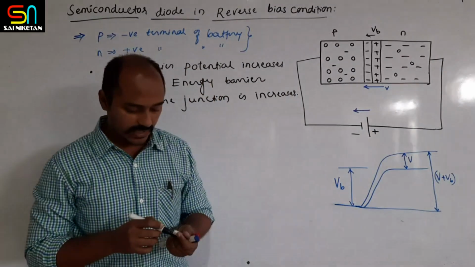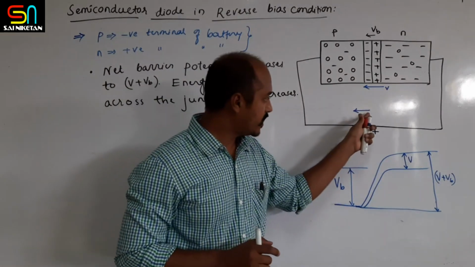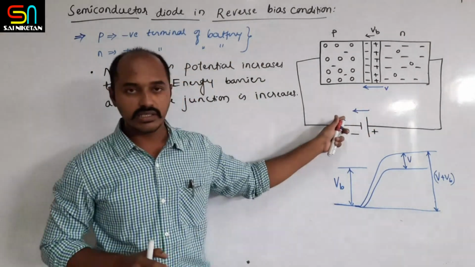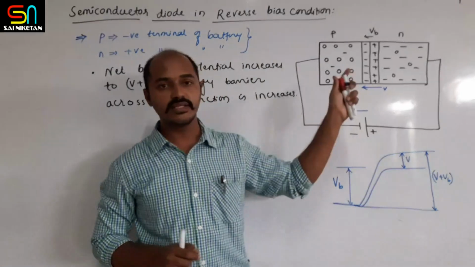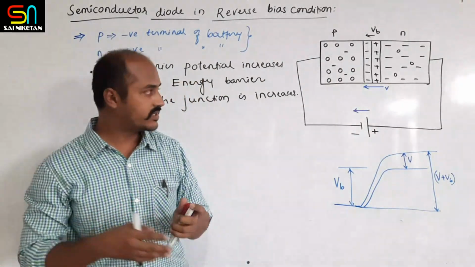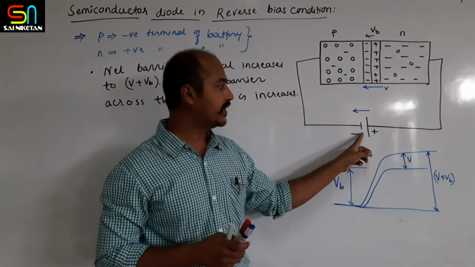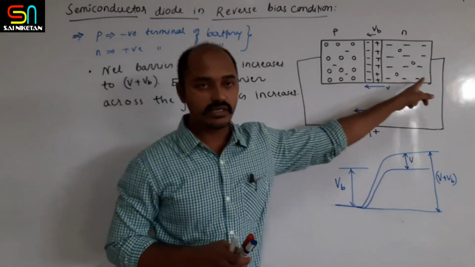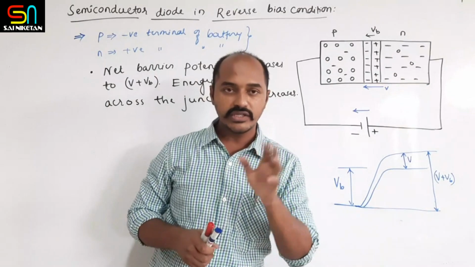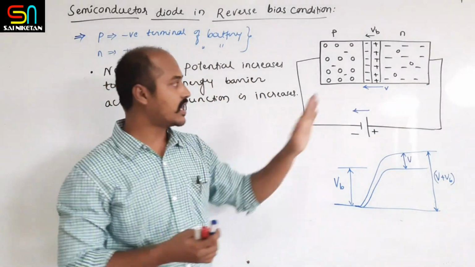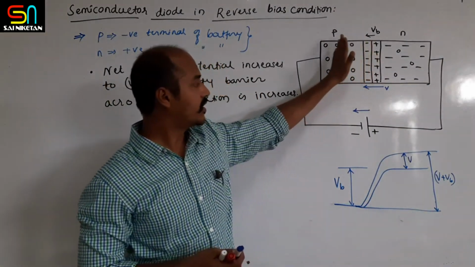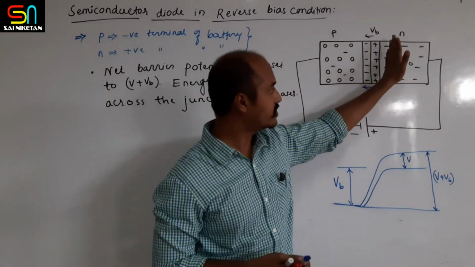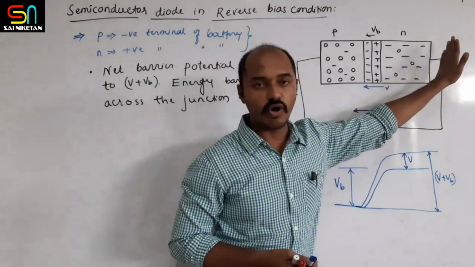Then secondly, the applied voltage and barrier potential are in the same direction. Because of this, the negative plate and positive plate are connected to the P type and N type respectively. The negative plate starts attracting the holes. So holes are coming towards this region and electrons are coming towards this boundary.